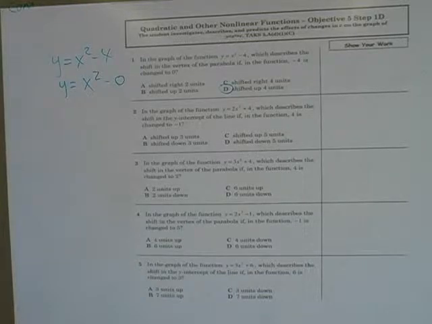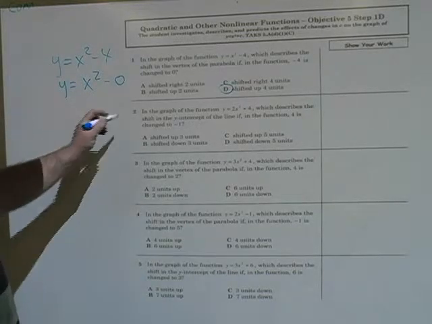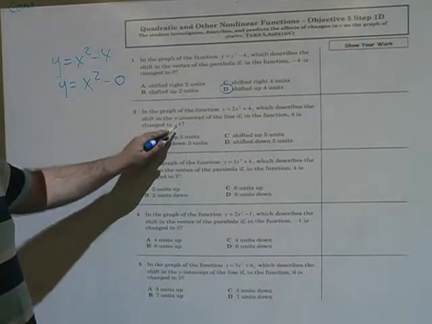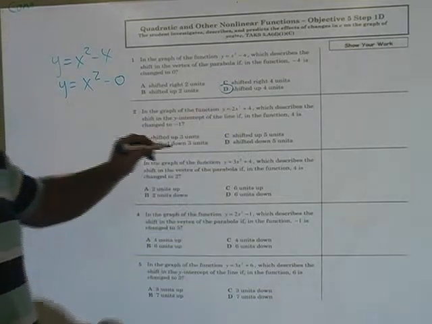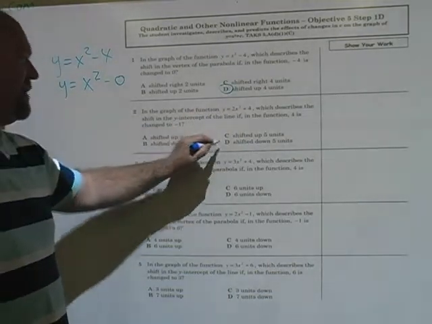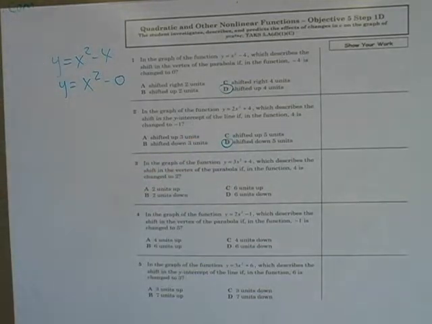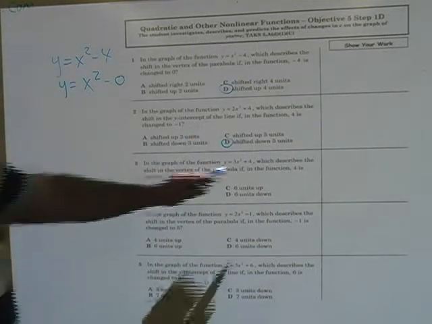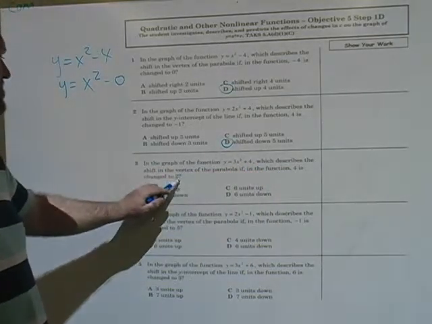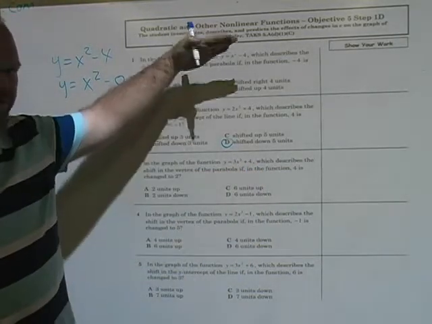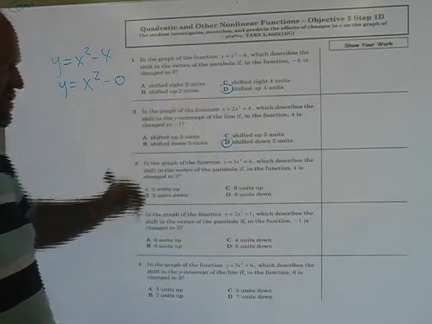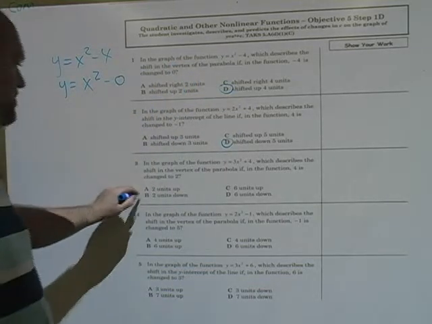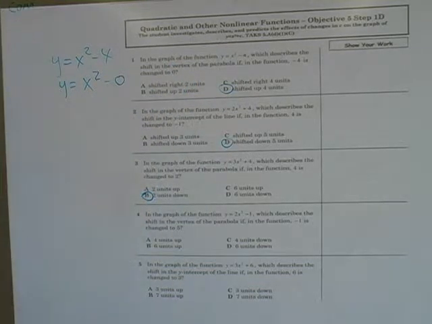Number 2, 4 is changed to -1, so that would be a shift down of 5 units. Number 3, 4 is changed to 2, so it goes from 4 down to 2, shifts down 2 units.